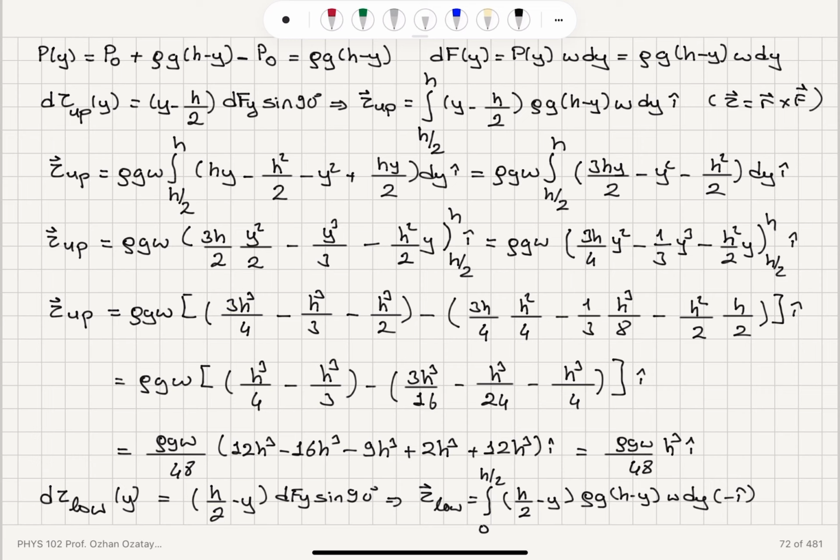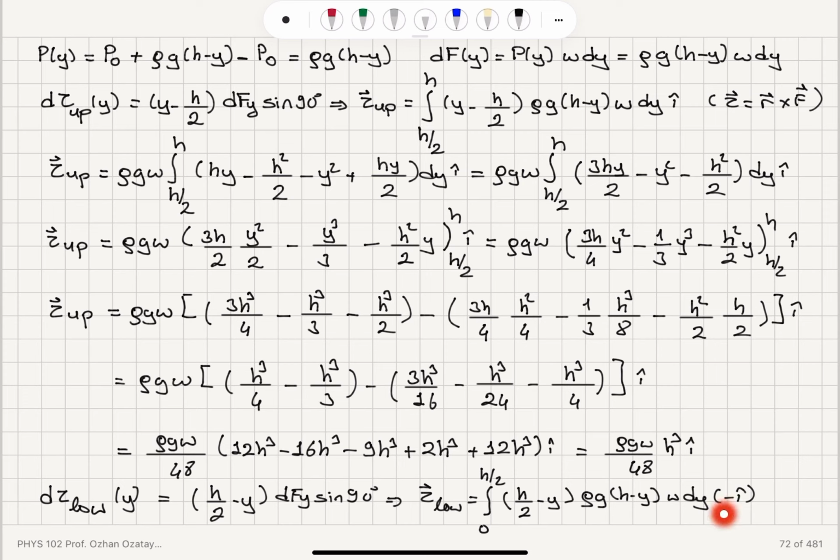So it's going to be the same thing, except the first term here will be h squared over 2, so this will become plus, and then I will have minus hy over 2, so this will become plus, this will become minus hy, and this will be minus, and this will be plus y squared.